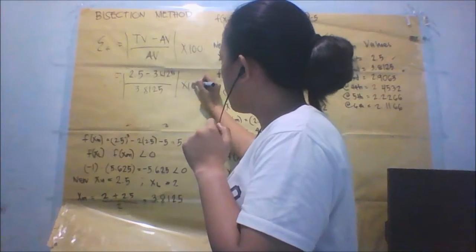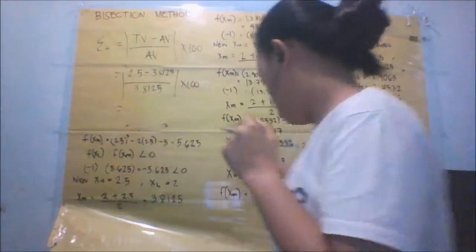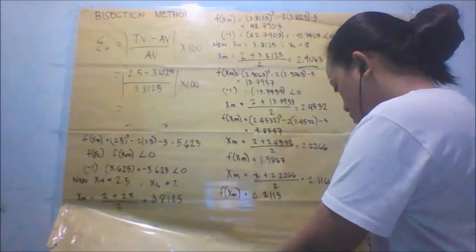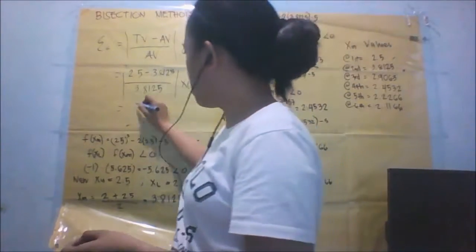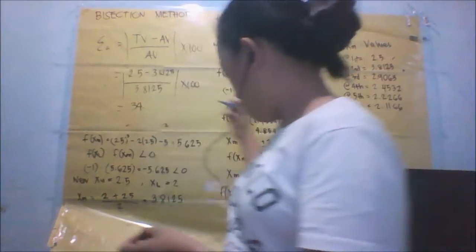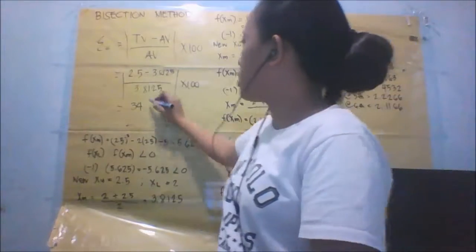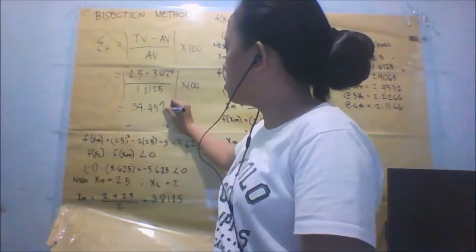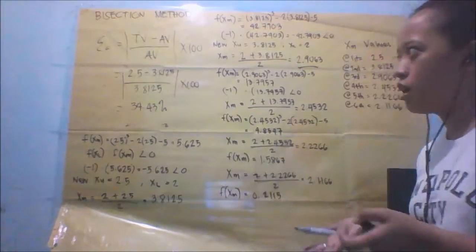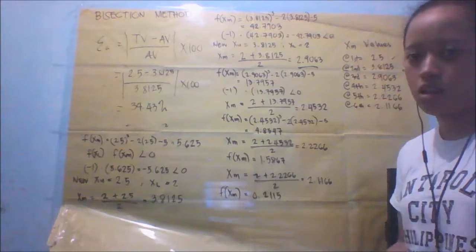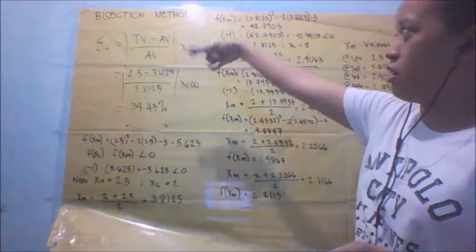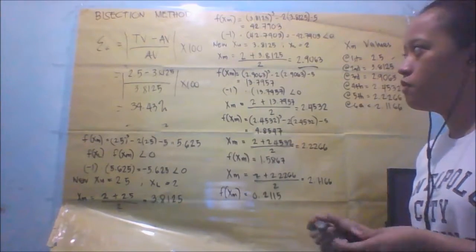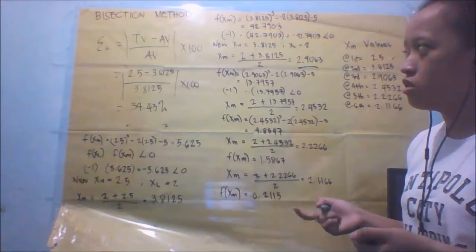Absolute, multiplied by 100, is equal to 34.43%.